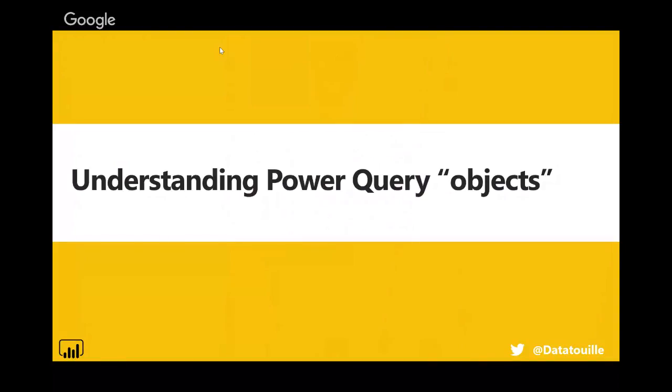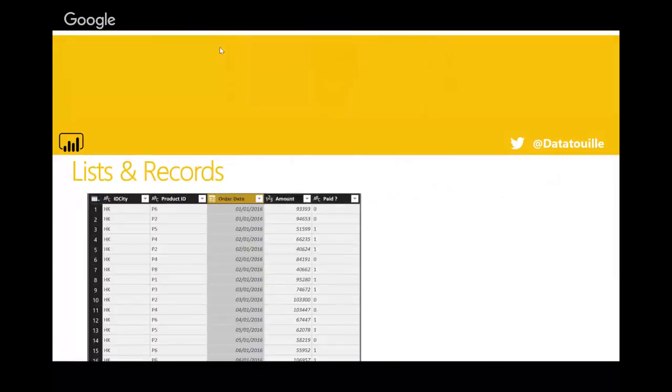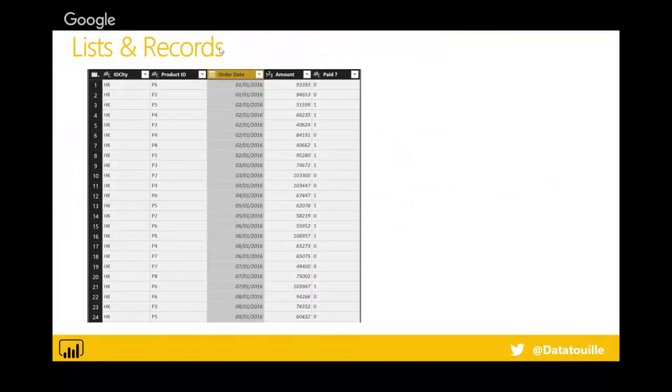Okay, so before getting in, you need to understand the Power Query objects. What I mean by objects is tables, rows, and more advanced stuff. So basically here, this is a table that is in Power Query.